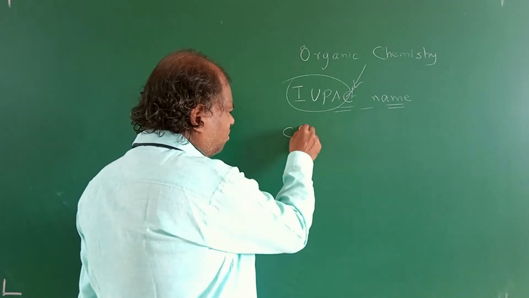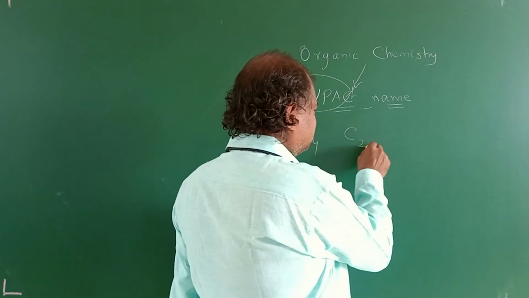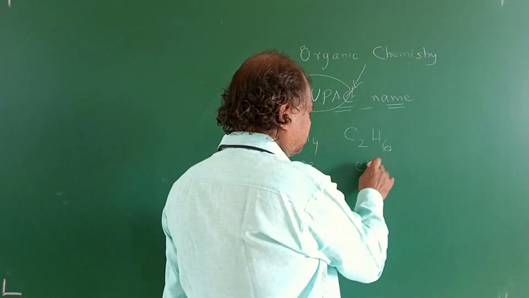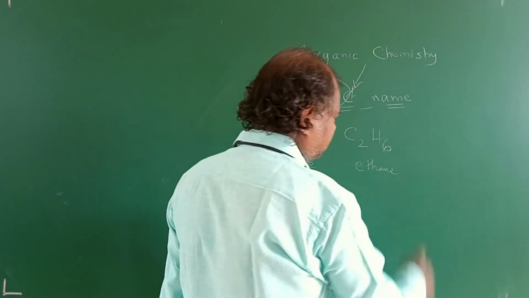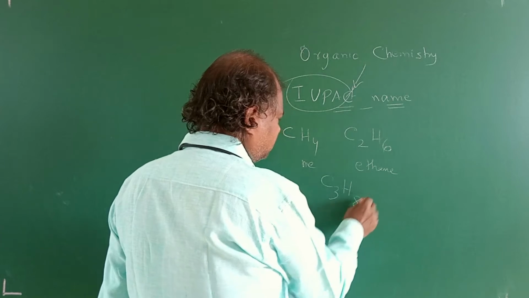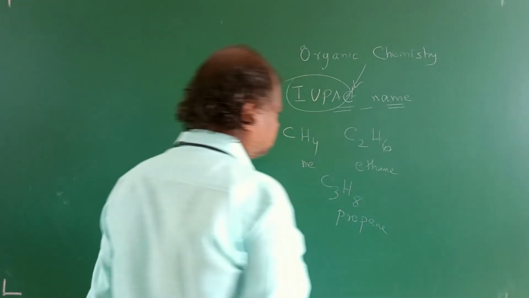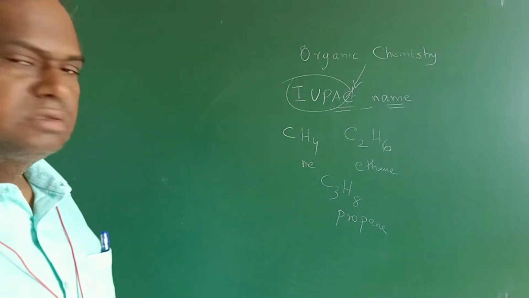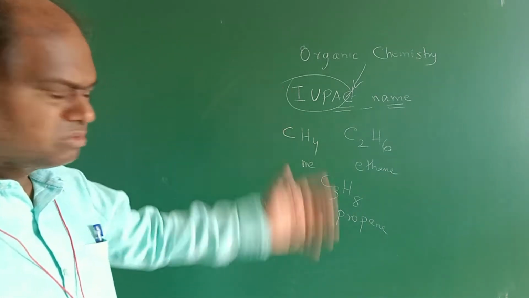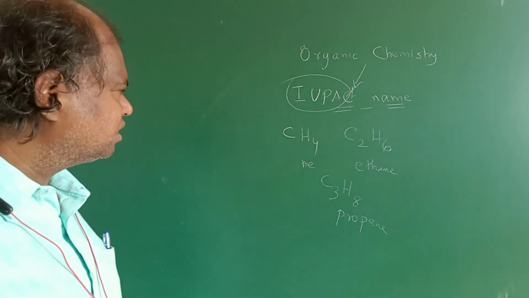Before that, I hope you know all these compounds. You have done them in your NCERT, right? CH4. What is CH4? Methane, right? C2H6, ethane. Then C3, propane. Like that, it keeps going, right? C4H10 is butane.